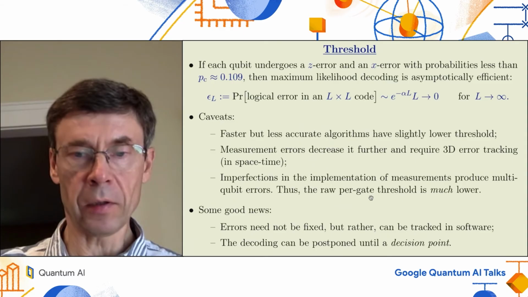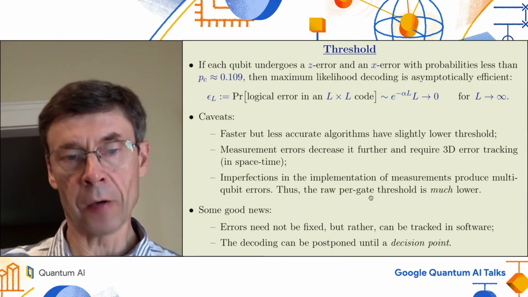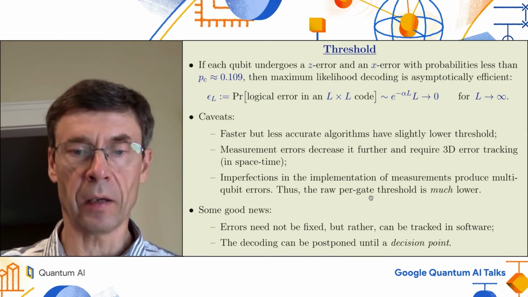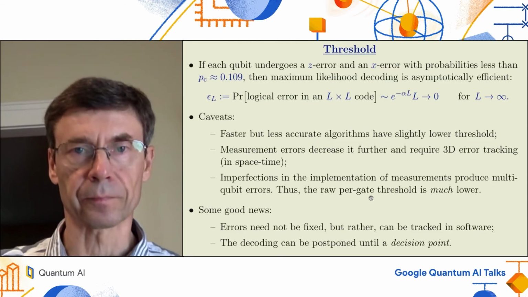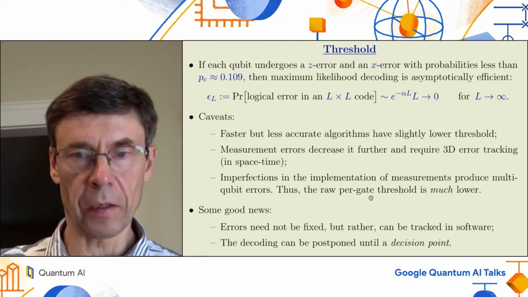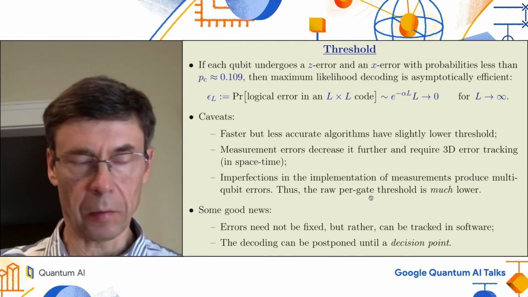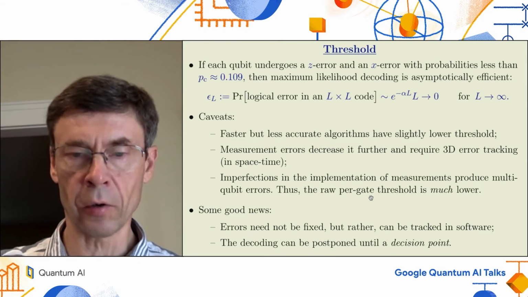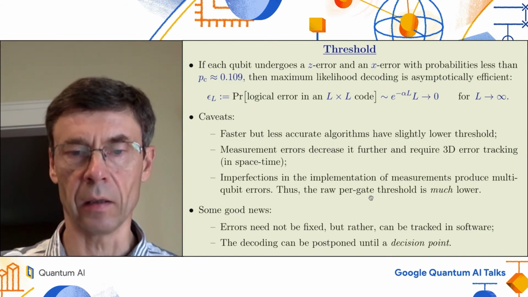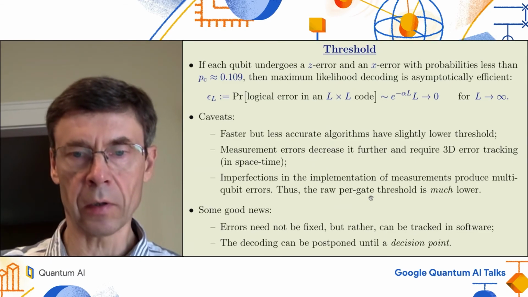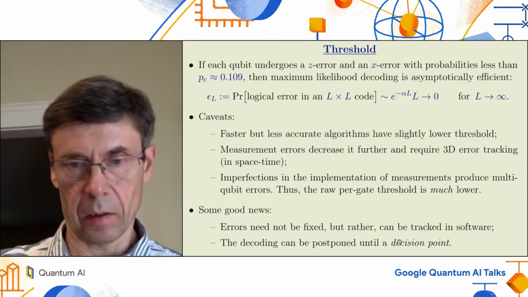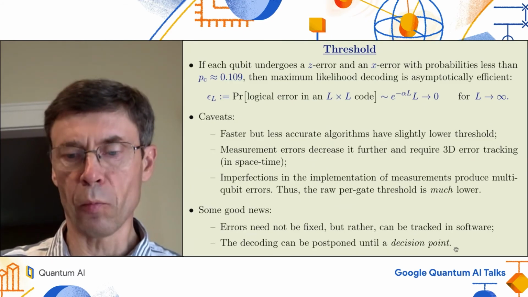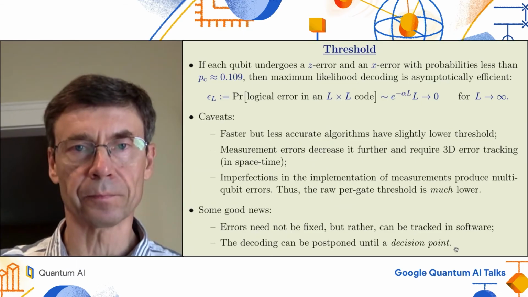However, we're not computing yet, so we can take our time. We can first do the experiment and decode later. When we will be actually computing, we need to hurry up, but still it's not necessary to correct every error, to decode every error correction cycle. The decoding is tied to decision points in the algorithm.